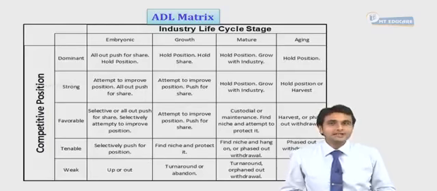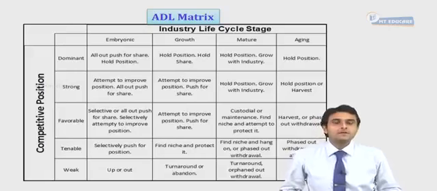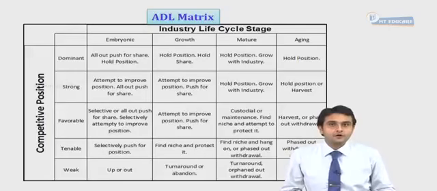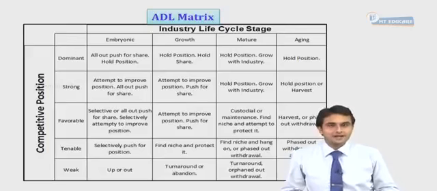So what I need to do is jot down where exactly my product stands in the market in terms of its competitive position, and understand the industry growth, the stage of industry maturity. And my product will fall in some box when we jot it down in the form of a graph. And what is written in that box is exactly what ADL, that is Mr. Arthur D. Little, advises us to follow in terms of that product.